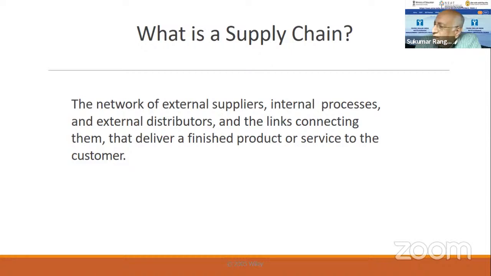So, like today we see Amazon Prime. In fact, yesterday I ordered something on Amazon Prime. This time I already received it by 2 o'clock, sitting in Mysore, a small city in Karnataka.